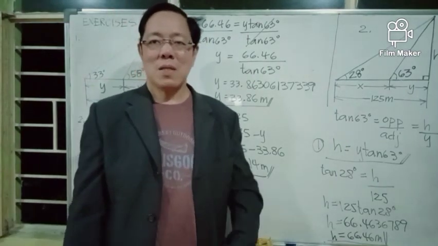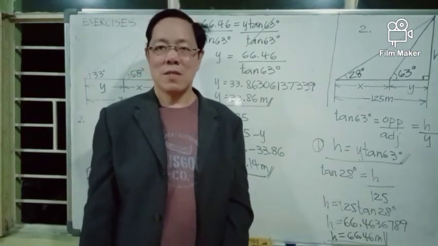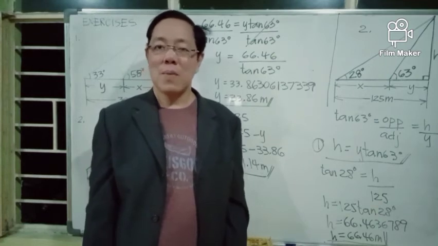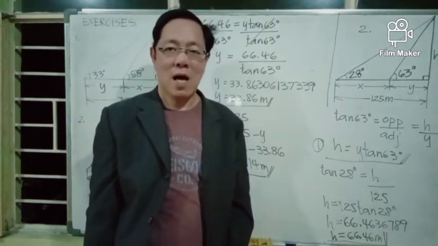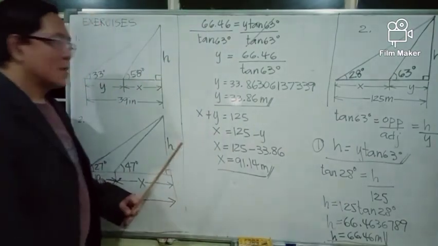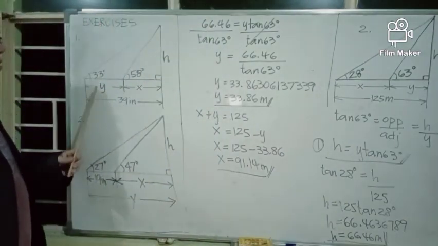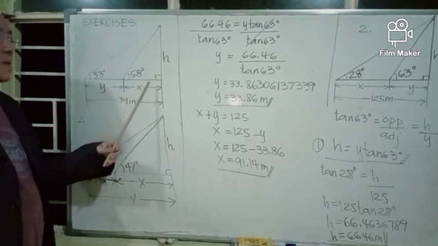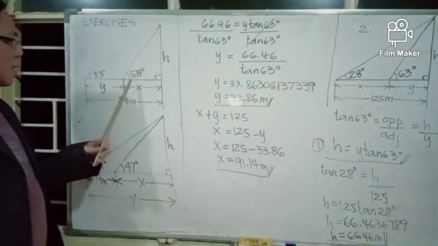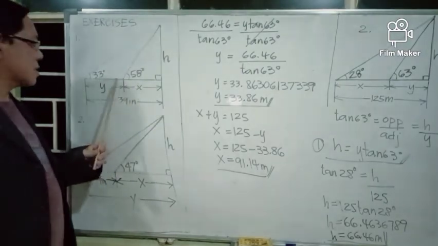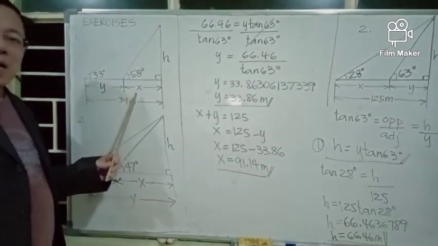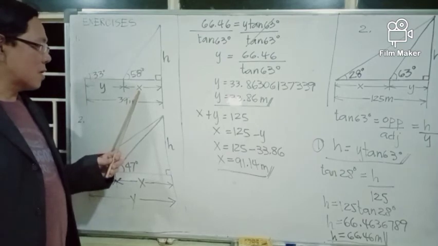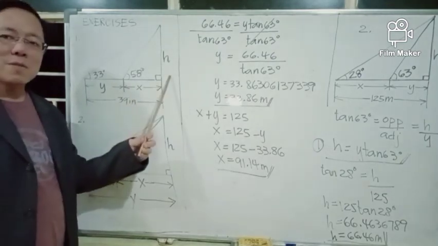For your practice, please try the following exercises. These problems are very similar to the examples we just had today. In number 1, we have the right triangle with acute angles 58 degrees and 33 degrees. The unknowns to be found are x, y, and h.